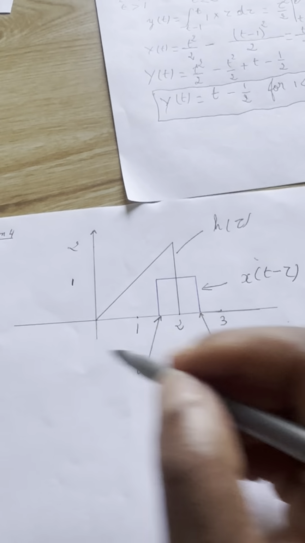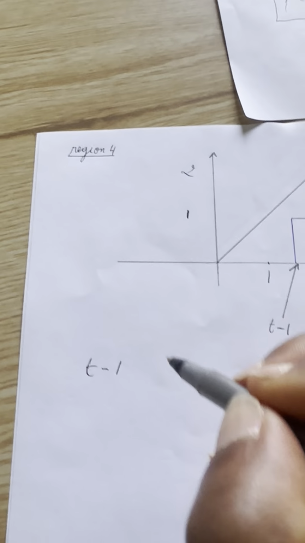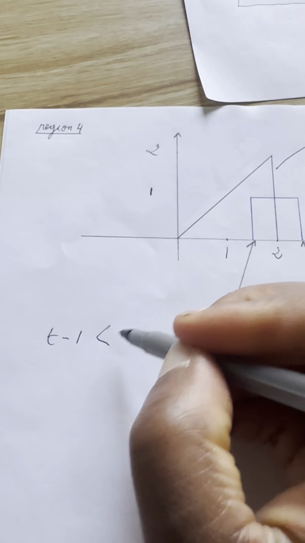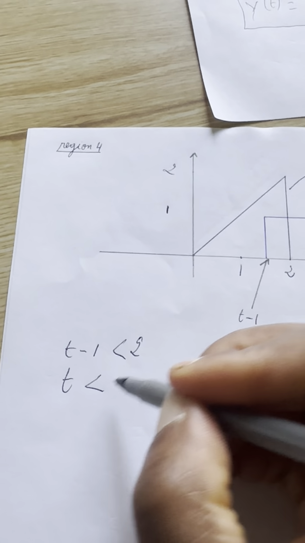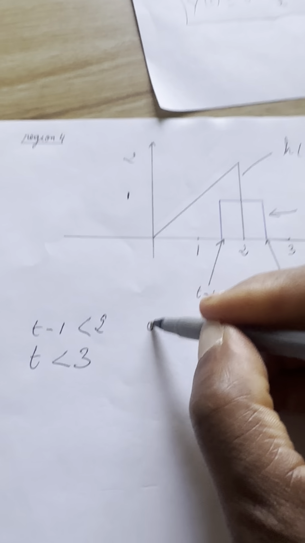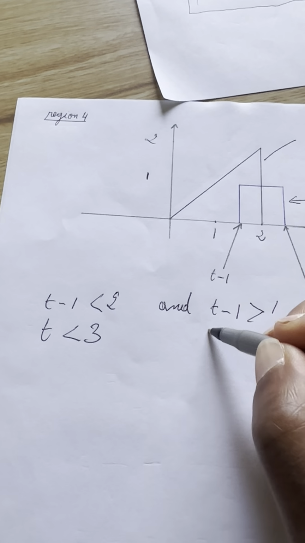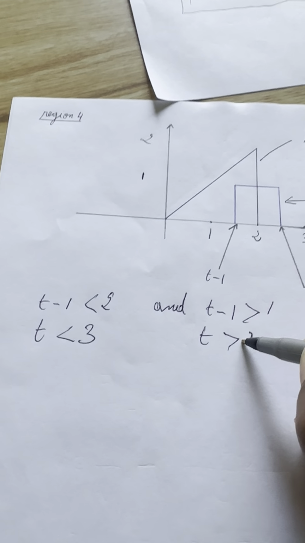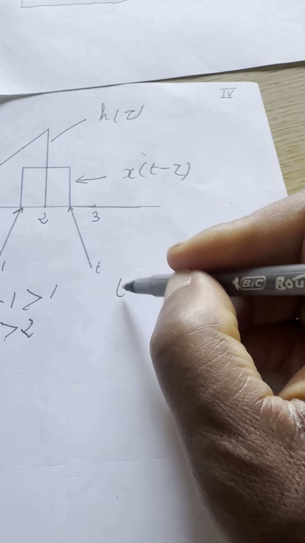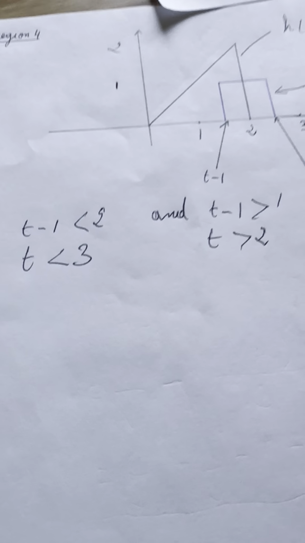So t minus 1 is less than 2, t is less than 3, and t minus 1 is greater than 1, so t is greater than 2. So t is between 2 and 3.